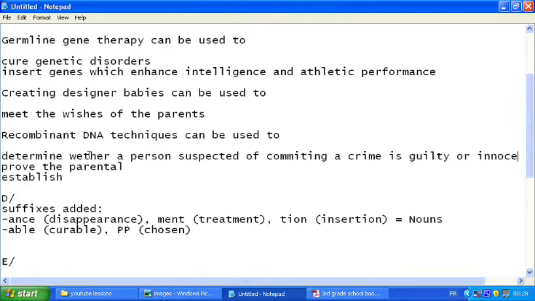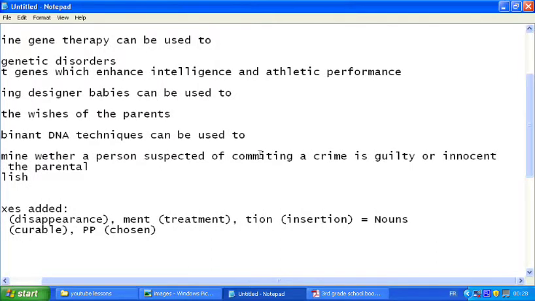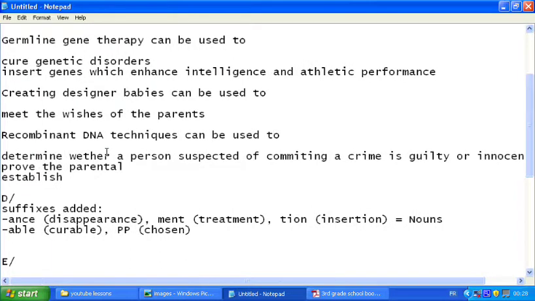If someone commits a crime, for example, killing someone, he or she might leave something there in the scene of the crime. For example, parts of his hair, or something that he used to eat or drink, and that can be used to determine who did that by making a DNA test.